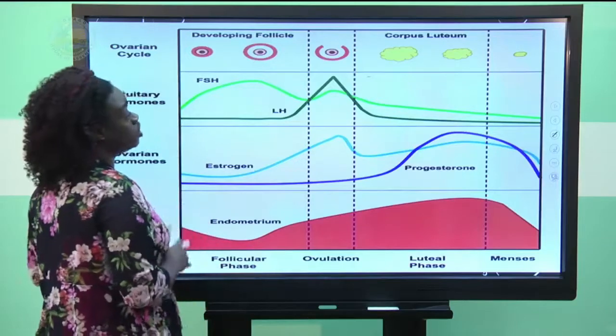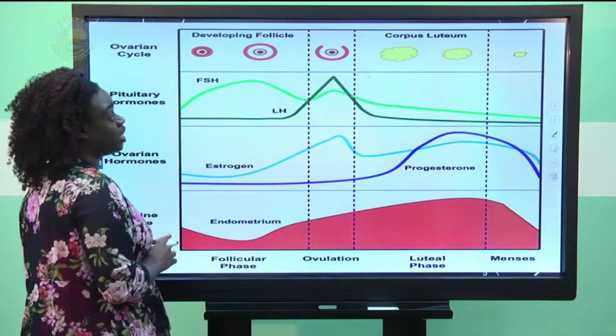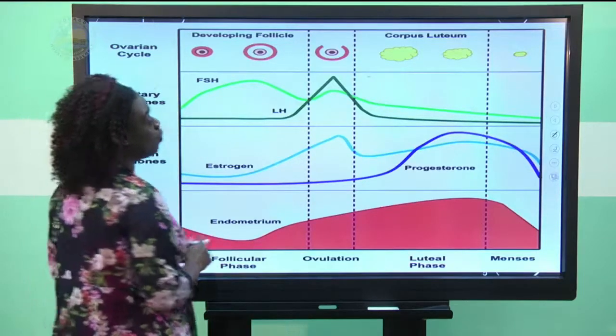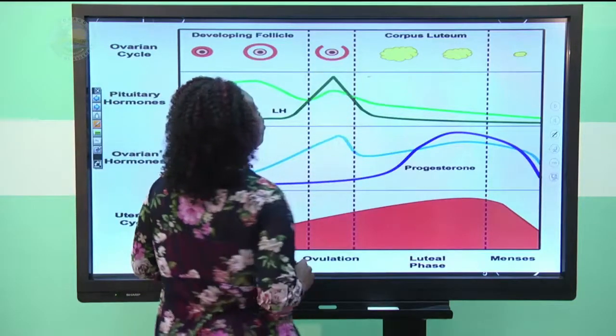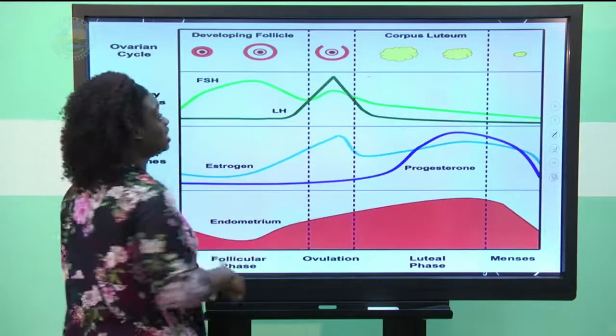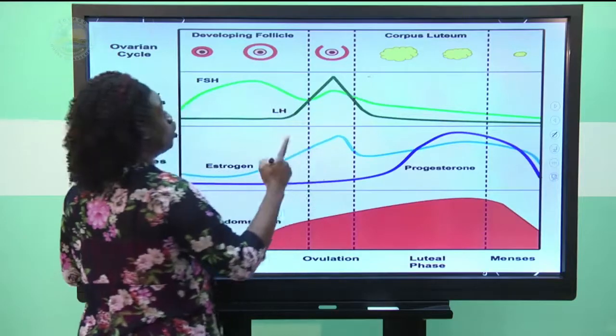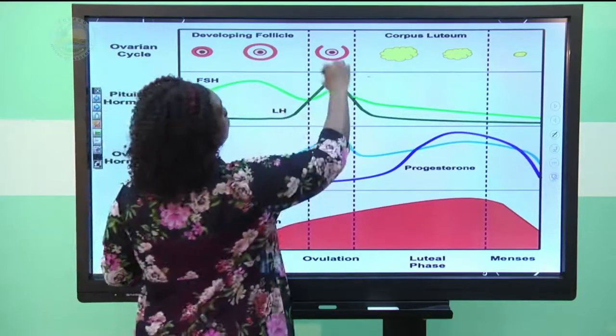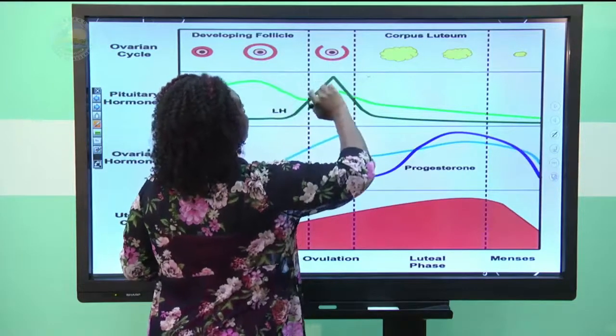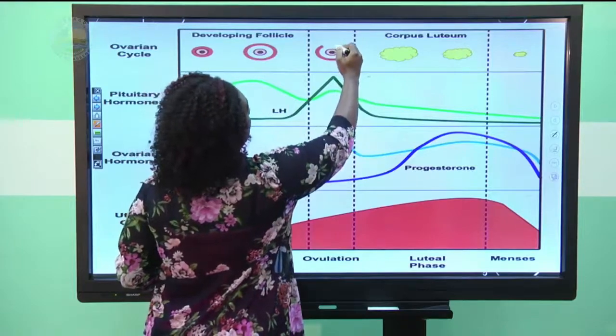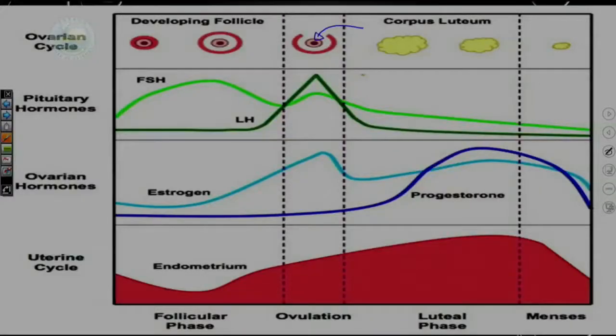Now, I just wanted to come back to this for a quick second to inform you that for pregnancy to take place, the timing must be correct. So the sperm must be released into the vagina at the time when ovulation takes place. Now the sperm can live for a few days, but that mature ovum is only viable for about 2 to 3 days.